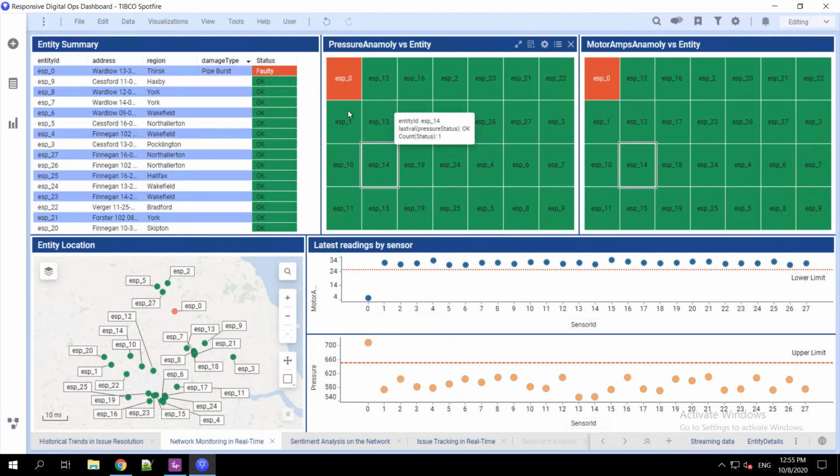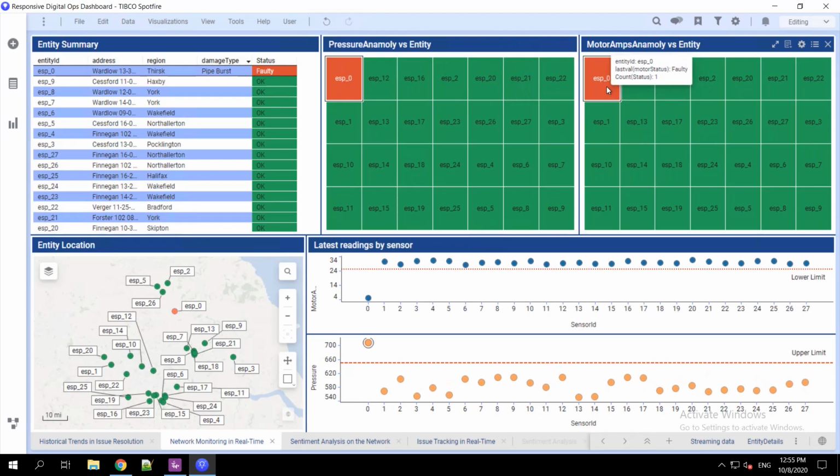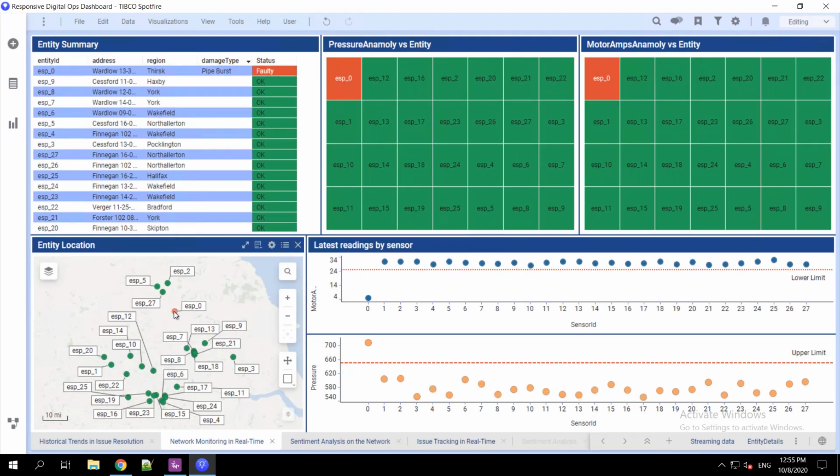That's the reason why both the pressure anomaly and the motor amps anomaly got triggered. And we can see the location where the anomaly got detected. This view gives us how the overall network is performing, where the issues are at this point of time, and what the latest sensor reading is at each location.